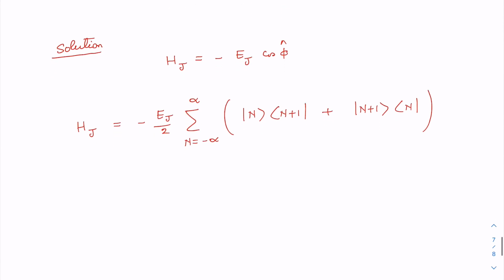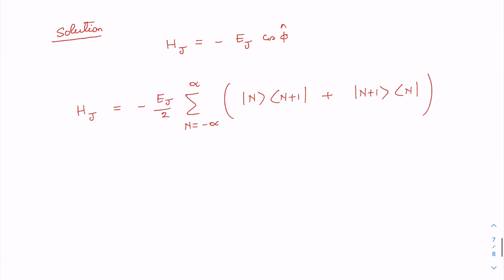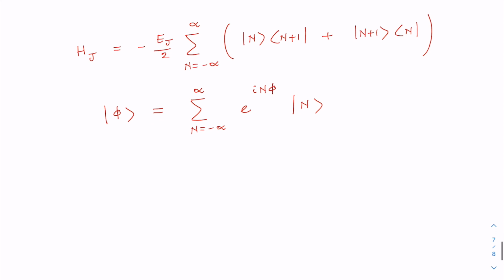This Hamiltonian can be rewritten in terms of the phase difference across the junction phi, which can be treated as an operator. To do that we defined a new basis, the phi basis, where ket phi is defined as the summation from n equal to minus infinity to plus infinity of e to the power i n phi times ket n.